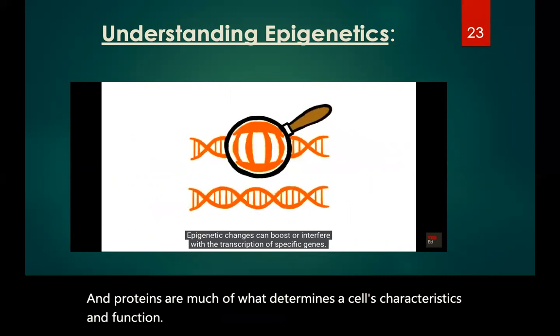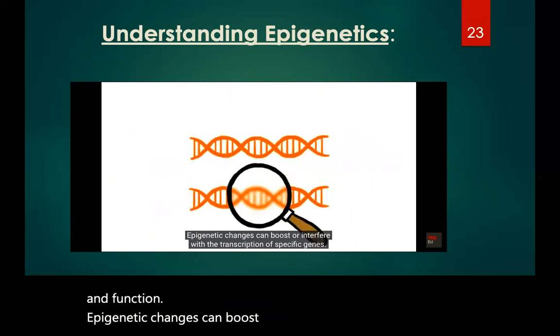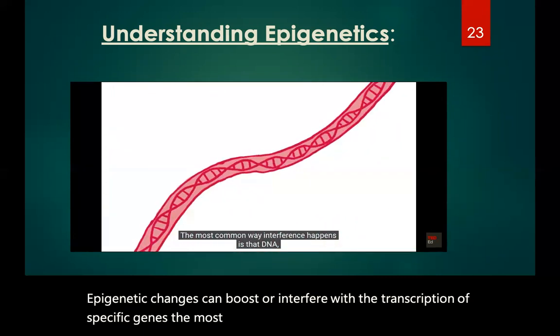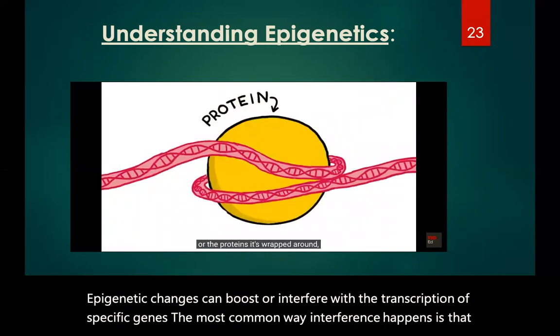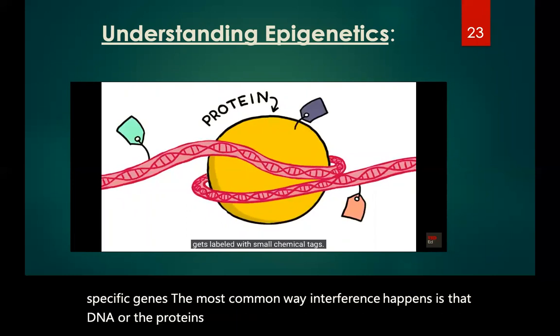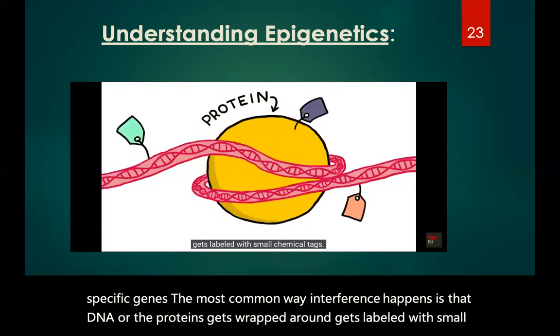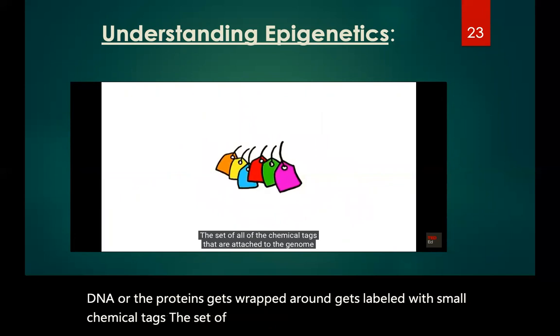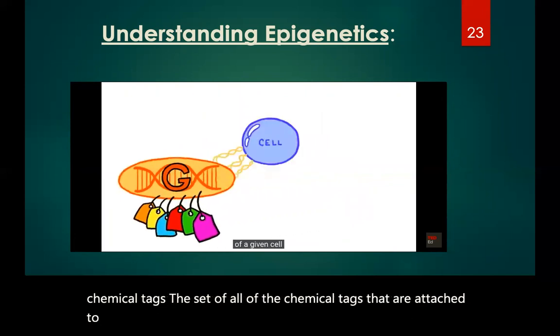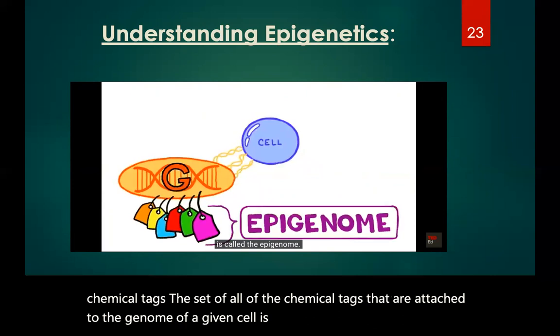Epigenetic changes can boost or interfere with the transcription of specific genes. The most common way interference happens is that DNA, or the proteins it's wrapped around, gets labeled with small chemical tags. The set of all of the chemical tags that are attached to the genome of a given cell is called the epigenome.